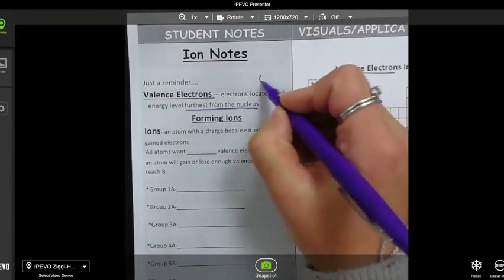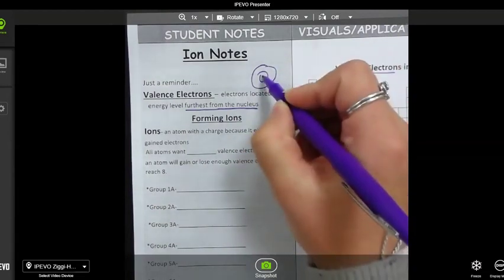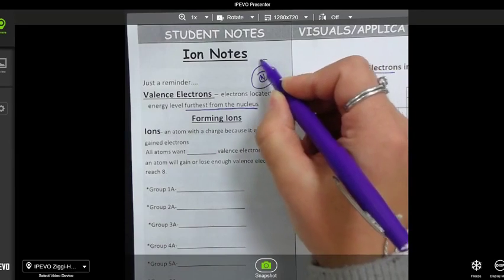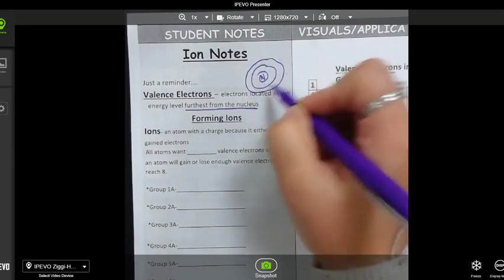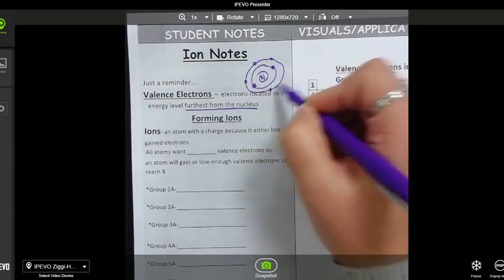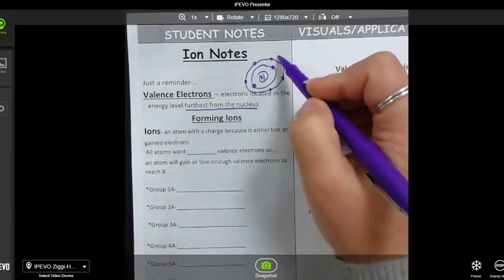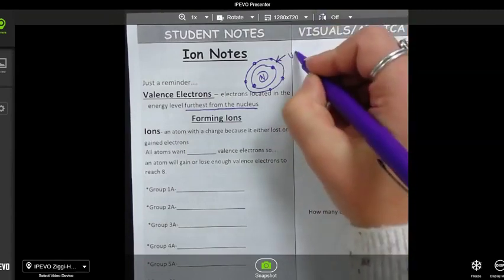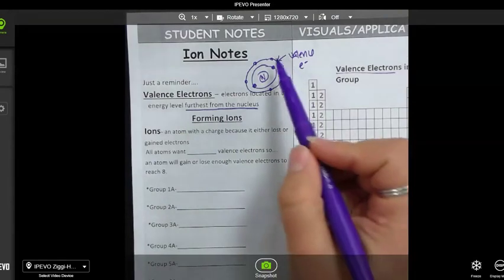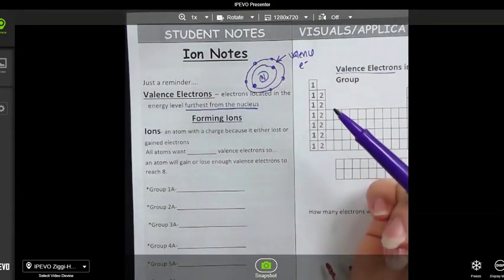So if this is our nucleus, we have protons and neutrons in the nucleus, and then there were rings, according to the Bohr model, around the nucleus. You had 2 electrons here and then a couple of electrons on the outer level. Well, this outer level, these are valence electrons, and they're in the energy level farthest from the nucleus.